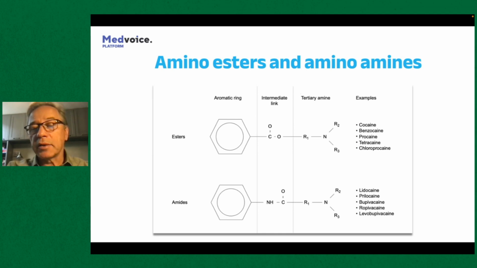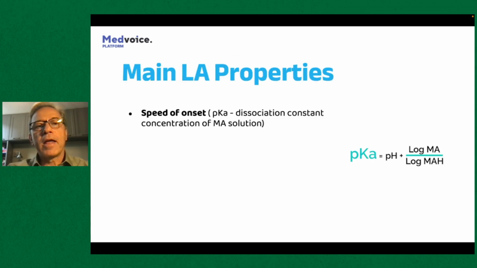The amide group is bigger and larger, and it's lidocaine, famous lidocaine, prilocaine, bupivacaine, ropivacaine, levobupivacaine. That is used in many countries across the world under different commercial names.